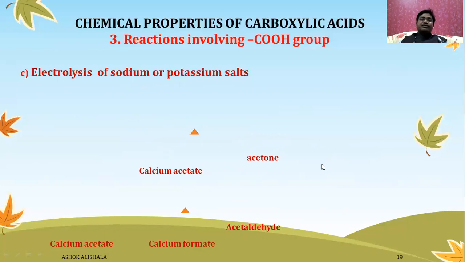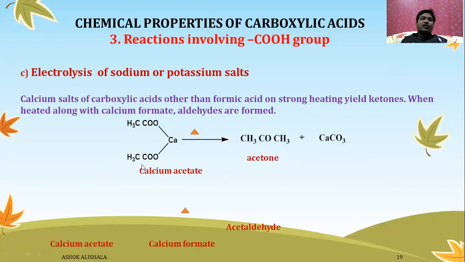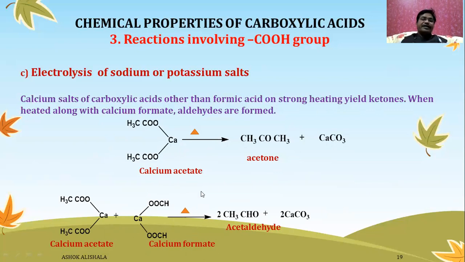You can see this one. When calcium acetate alone is distilled, we will get acetone. Whereas if the mixture of calcium acetate and calcium formate is involved in the dry distillation, we will get the aldehyde.